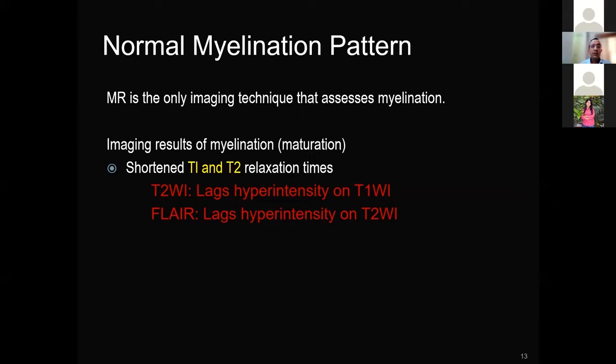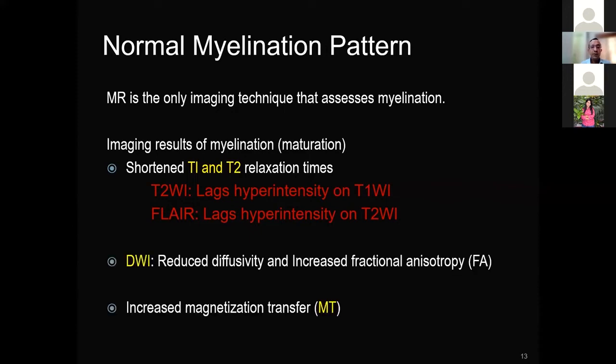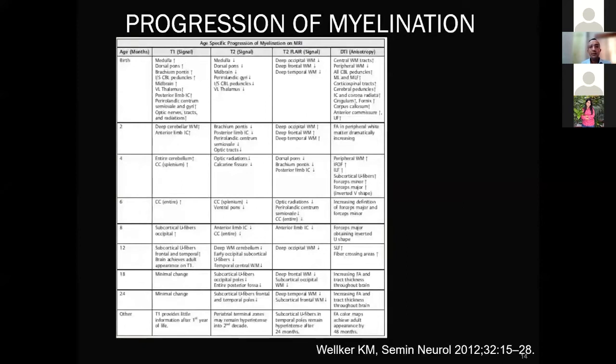It should always be remembered that T2 weighted images lack hyperintensity on T1, and FLAIR lacks hyperintensity on T2 weighted images, because of the difference in signal generation on T1 and T2 weighted images. In diffusion images, myelination is seen as reduced diffusivity and increased fractional anisotropy, and in MT it is seen as an increase in the MT values.